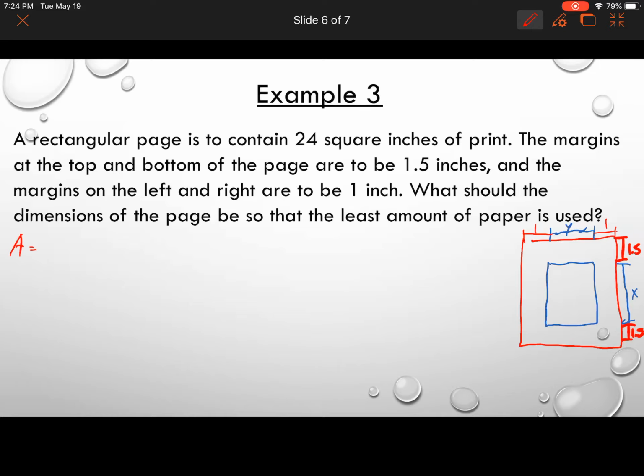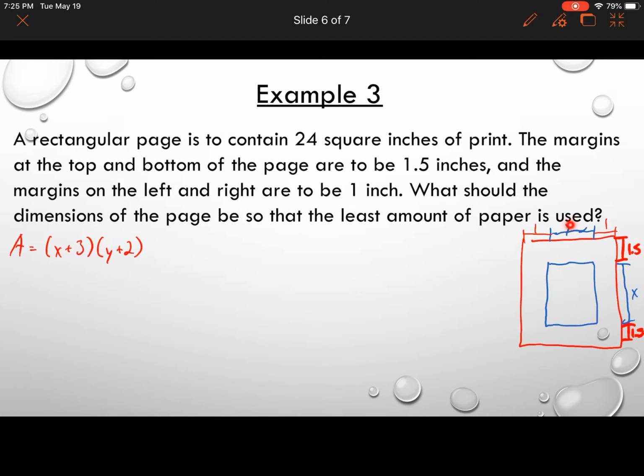Well, the area of the paper, according to our diagram, the area of a rectangle in this case is just length times width. So the area in this case would just be x plus 3 times y plus 2, right? Because the length is going to be x plus 1.5 and 1.5, so that's 3.